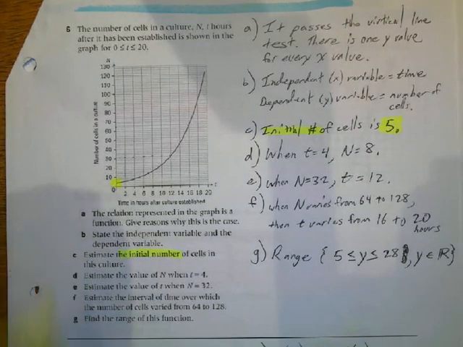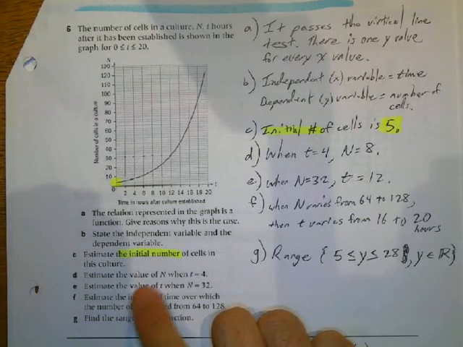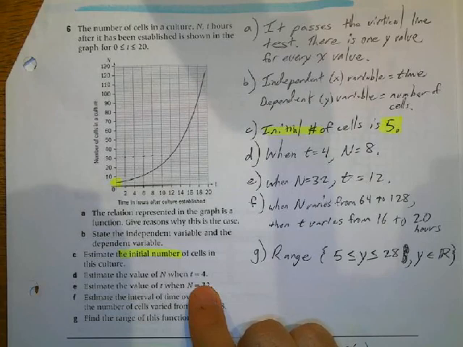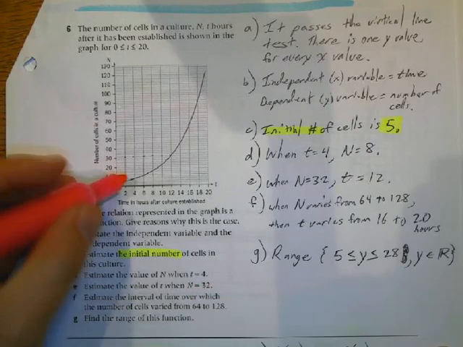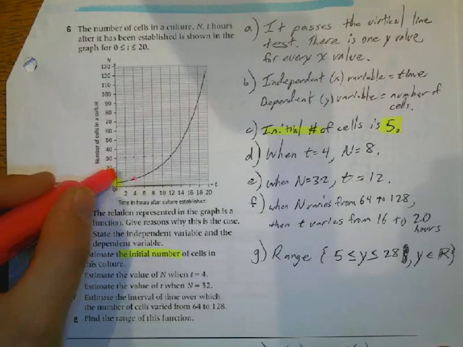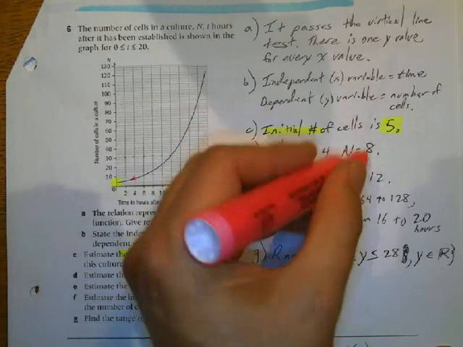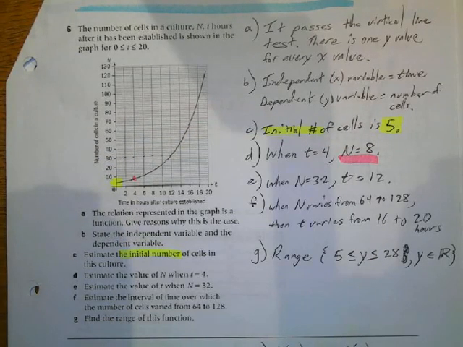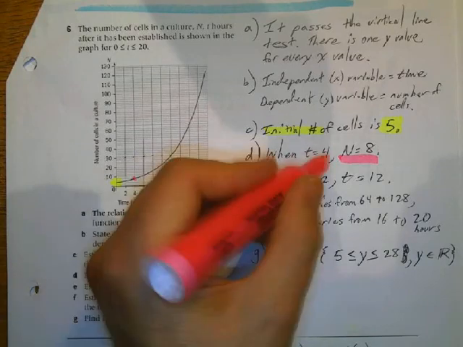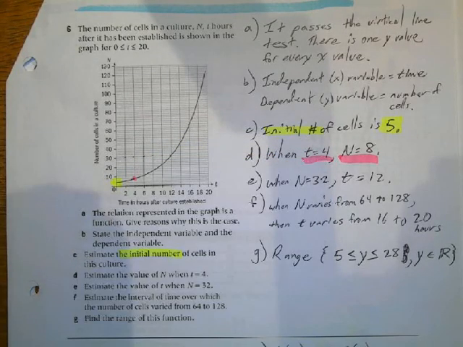And then estimate the value of n when t equals 4. So if I go to t equals 4, I can see that the value looks like it's 8. Okay, let's look at the next one.